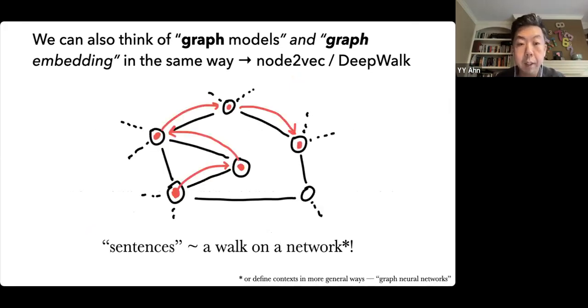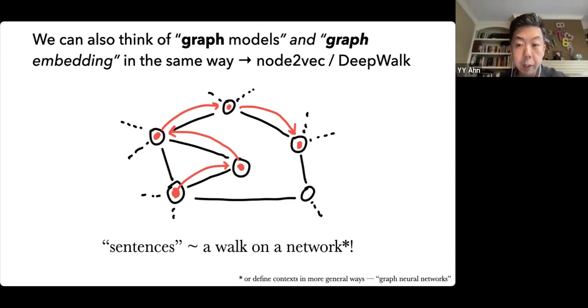And the idea is if we can generate walks on a network, they can serve as sentences that capture proximity in the network. So if two nodes are closer together, they will appear together more often in random walks, and then their embedding will become more similar.